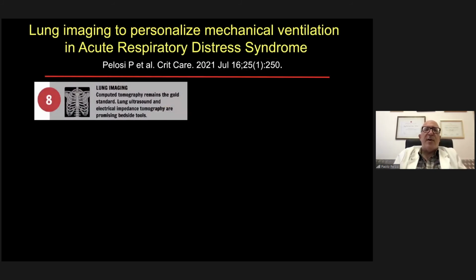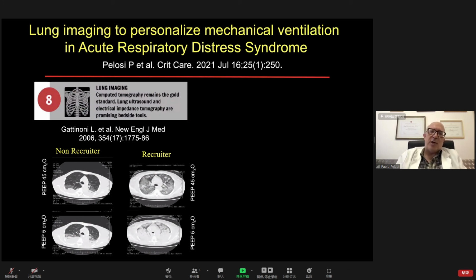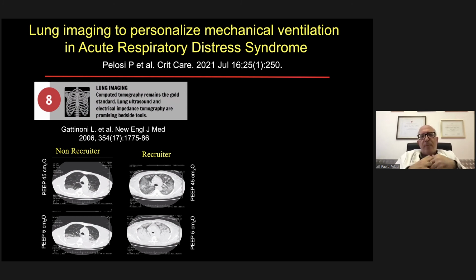Lung imaging is very important, and computed tomography remains the gold standard in this setting, but also lung ultrasound and electrical impedance tomography are very promising bedside tools. This is a typical CT scan in recruiters and non-recruiters, and I remind all of you that CT scan should be performed at least at 2 levels of pressure in order to have important pathophysiological information.